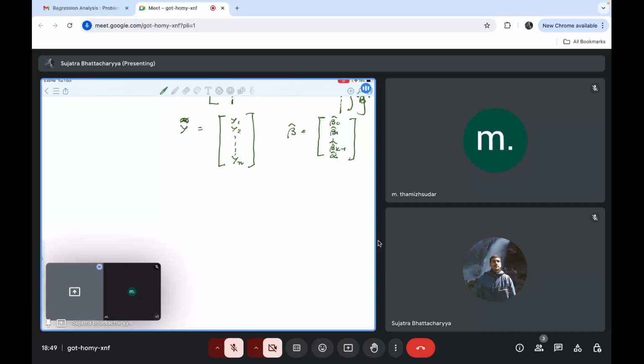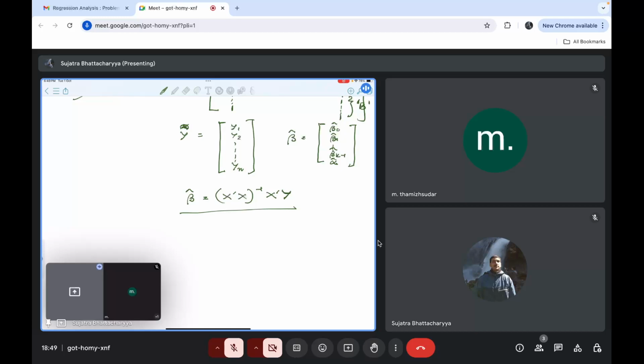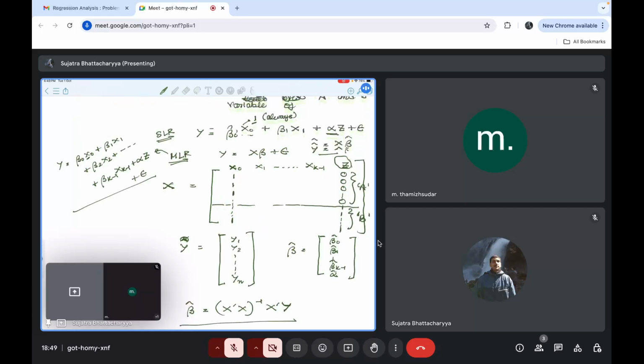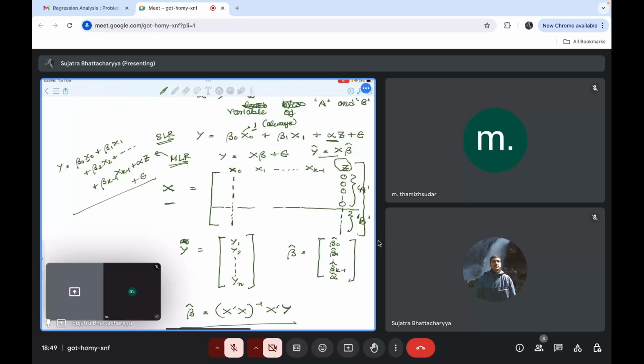And for the multiple linear regression model, we know how to calculate beta hat, the same thing: X prime X inverse X prime y. This is how you calculate beta hat. We have seen that, and we will be doing it today also. The only thing is the X matrix now is different. The X matrix is this.